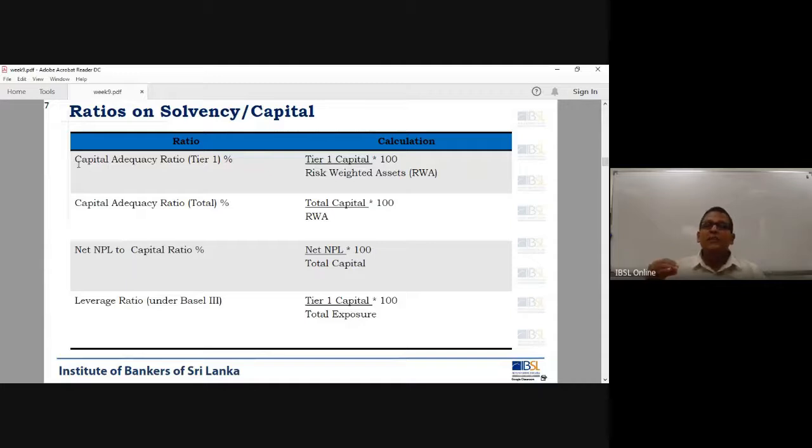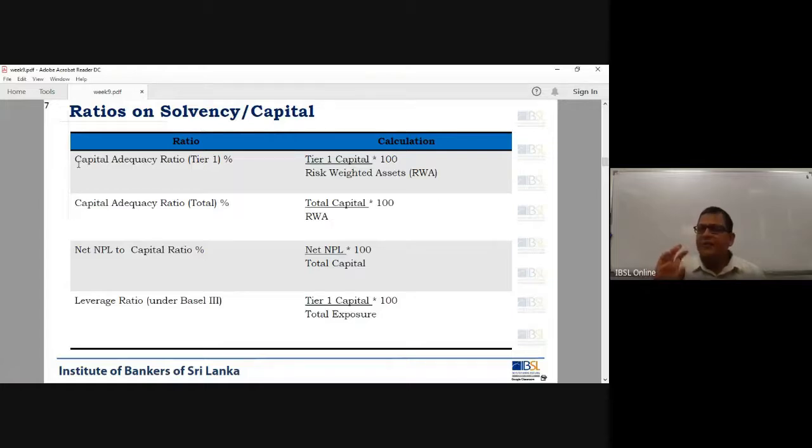And the second ratio is the total capital adequacy ratio, which is the 10%: total capital divided by the risk-weighted assets, multiplied by 100. Total capital includes tier 1 capital and tier 2 capital.